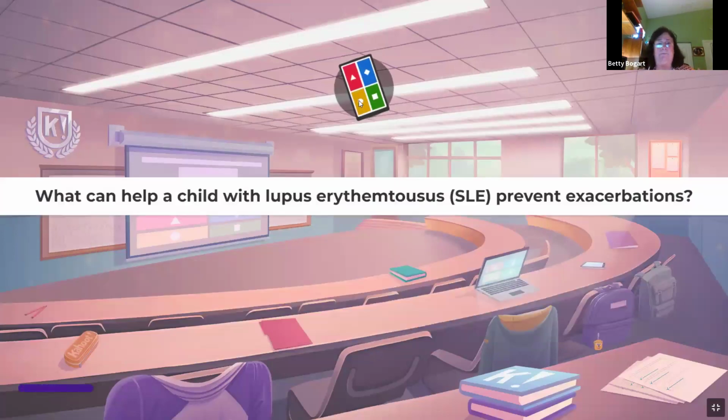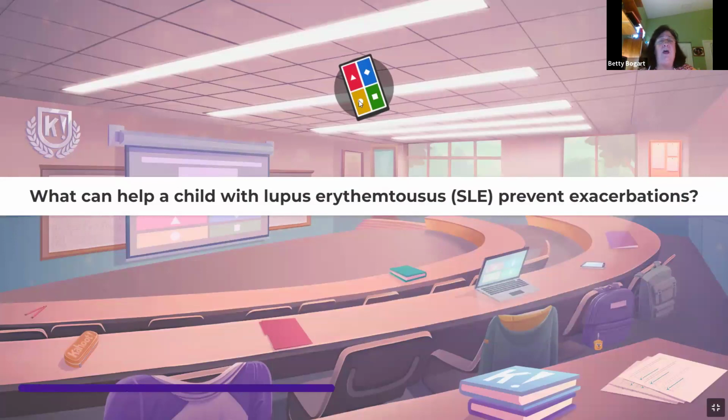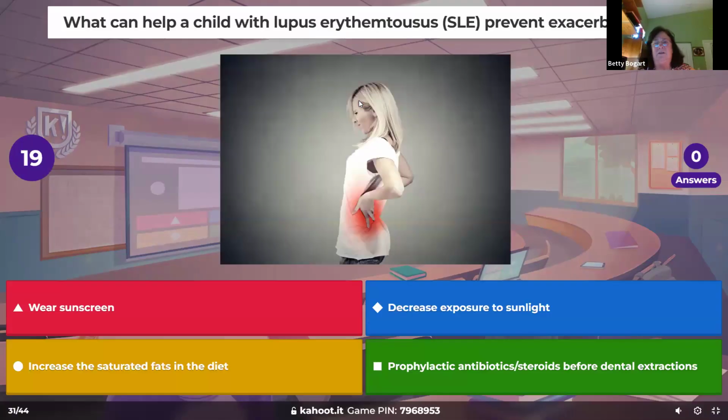A multi-select. What can help a child with lupus prevent exacerbations? What are some things that can cause flares? We know stress, we know hormones, absolutely. But what else?